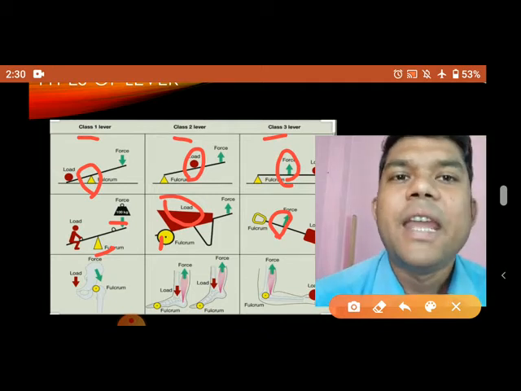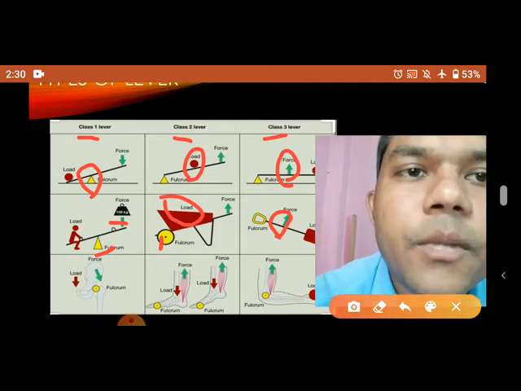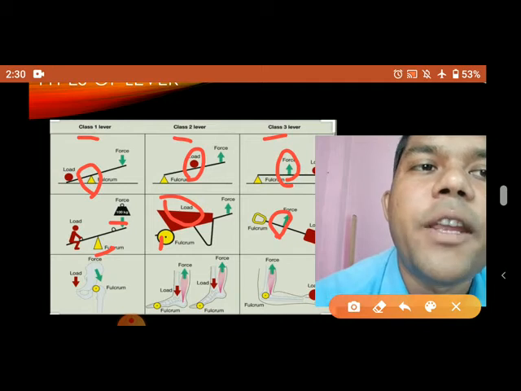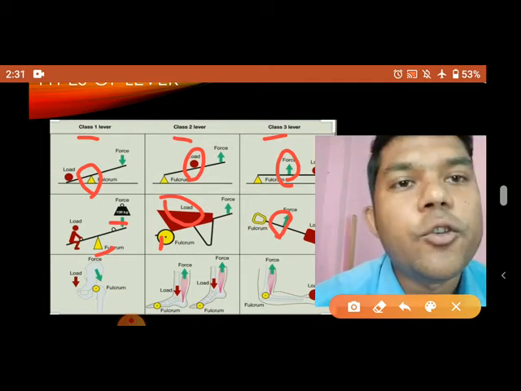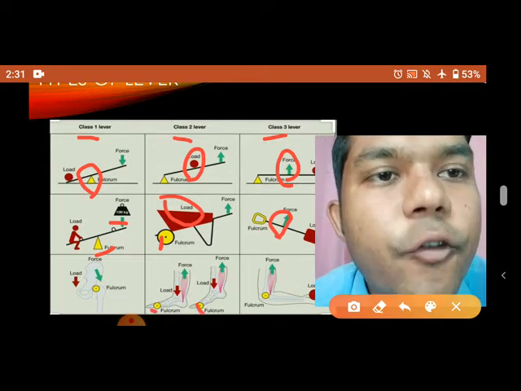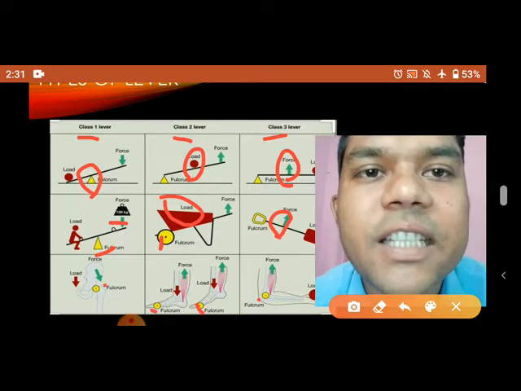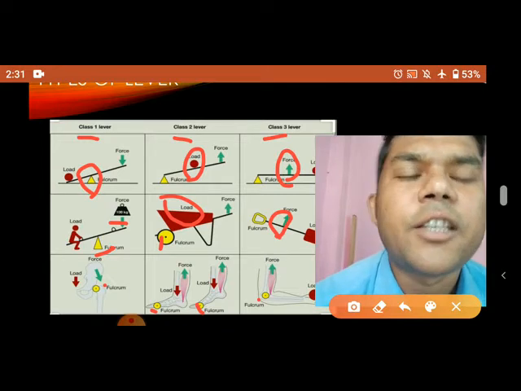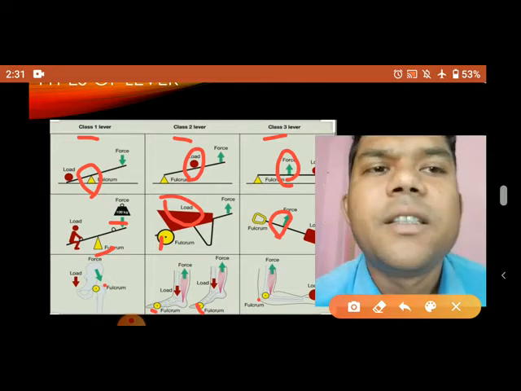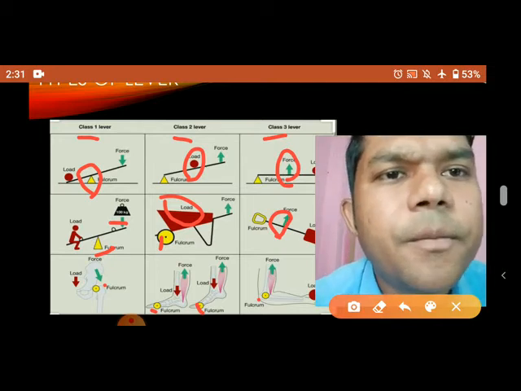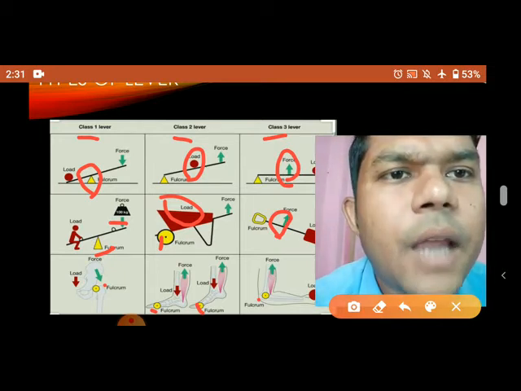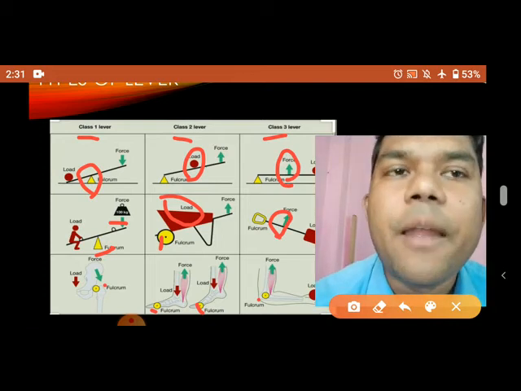In the same way, in our body during movement or while lifting, the joints between the bones act as a fulcrum. Sometimes different parts act as first class, second class or third class levers. And muscles apply muscular force.